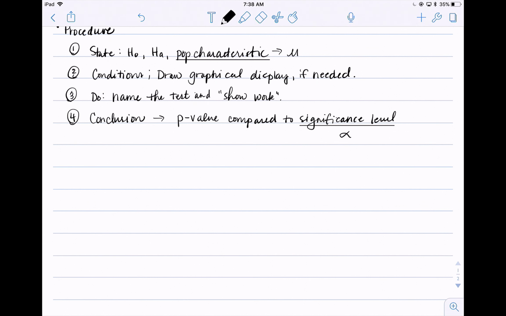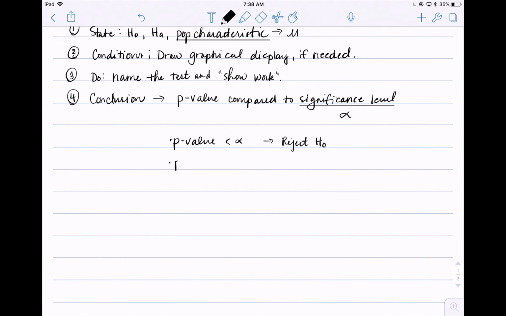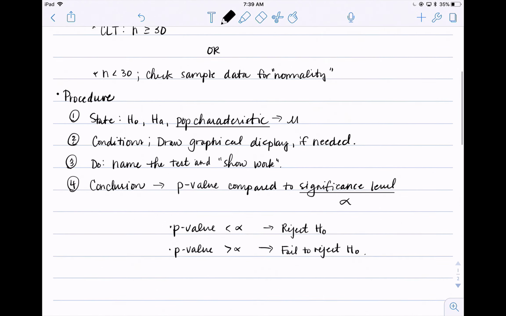If your p-value is lower than alpha, you're going to reject the null. If your p-value is greater than alpha, you're going to fail to reject the null hypothesis. So just keep that in mind as you're working through problems.